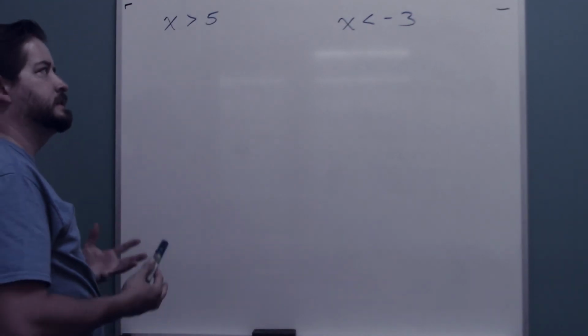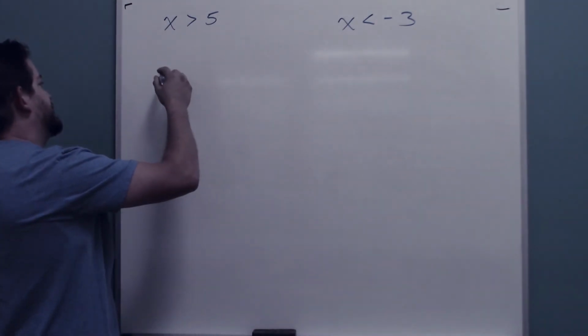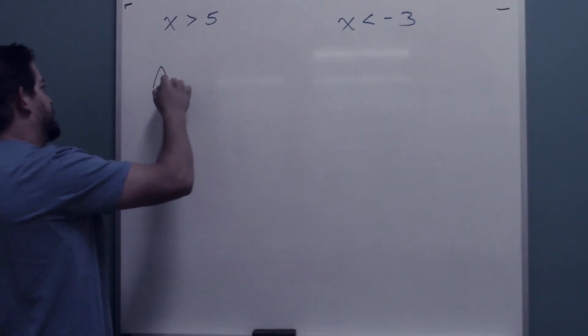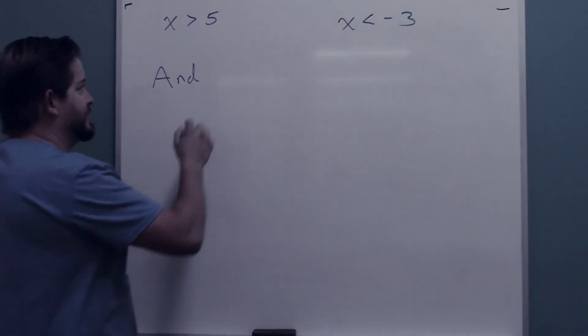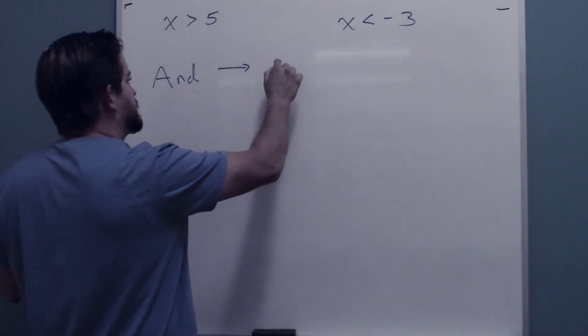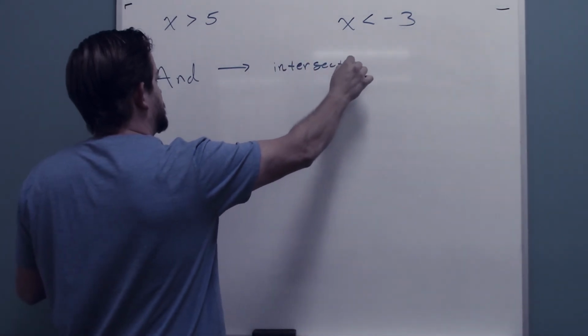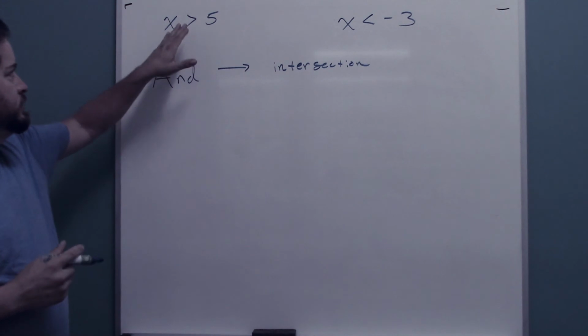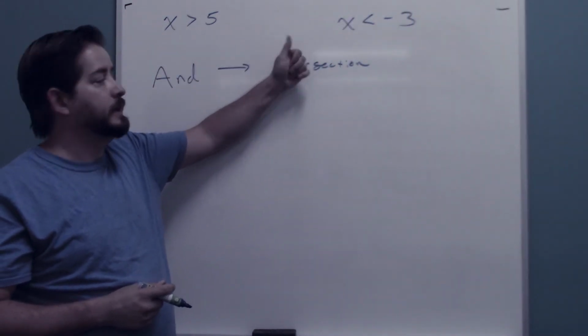And I have two compound words that we're going to use with these inequalities. So when I see the word and, this is the intersection. Find the solutions to this and this is the intersection of those two sets, right?